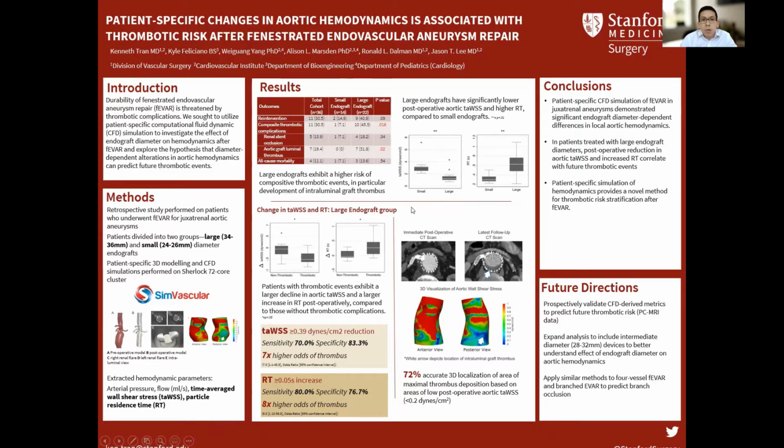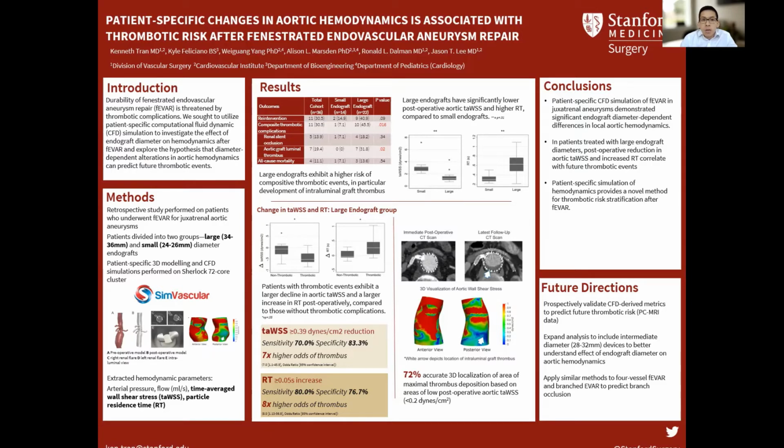Next, we wanted to evaluate within the large endograft cohort, which has a much higher risk of thrombotic complications, whether or not there's some hemodynamic signal that we can use to identify which patients suffer from thrombotic events versus those that don't. In these two graphs, you can see that we plot delta wall shear stress and delta residence time.